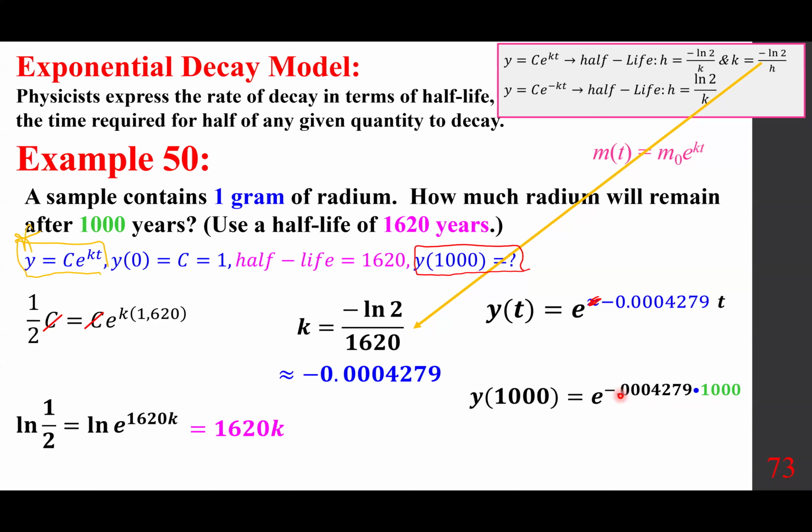In other words, everybody knows that. The product of this gives us minus 0.4279. You put it into a calculator, and the answer is 0.652 grams. So after 1,000 years, we have 0.652 grams left.